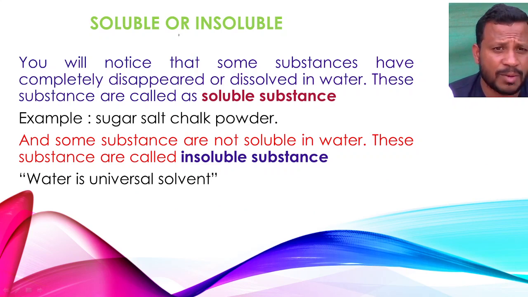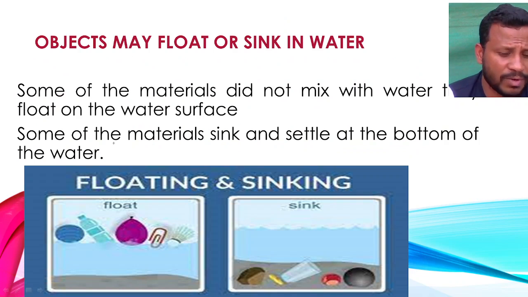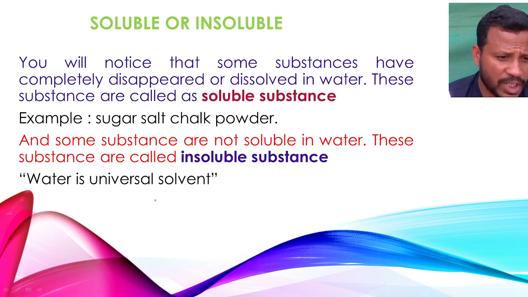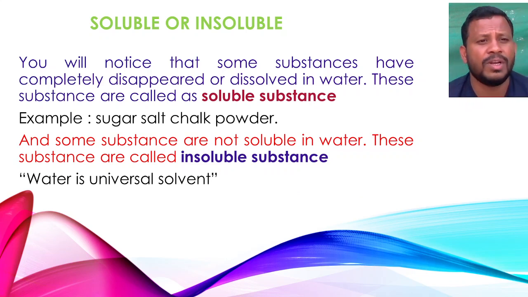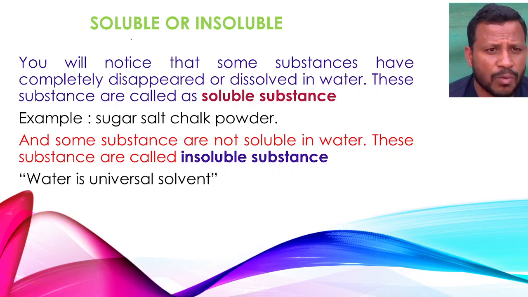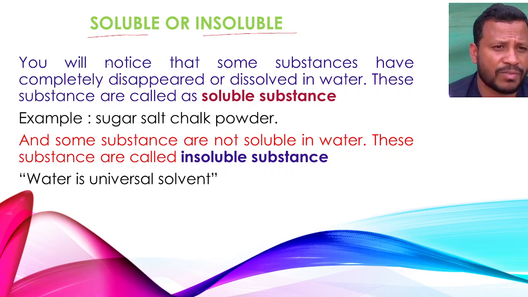Let us see the second point, that is soluble or insoluble materials. First of all, we have to see what soluble and insoluble mean. We notice that some substances completely disappear or dissolve in water. These substances are called soluble substances.